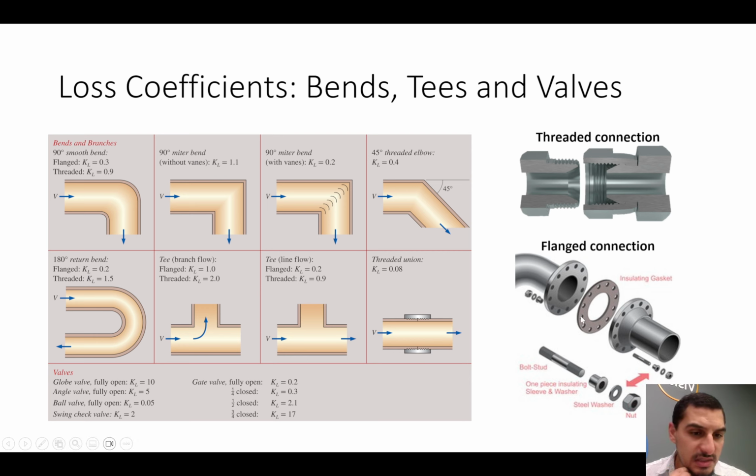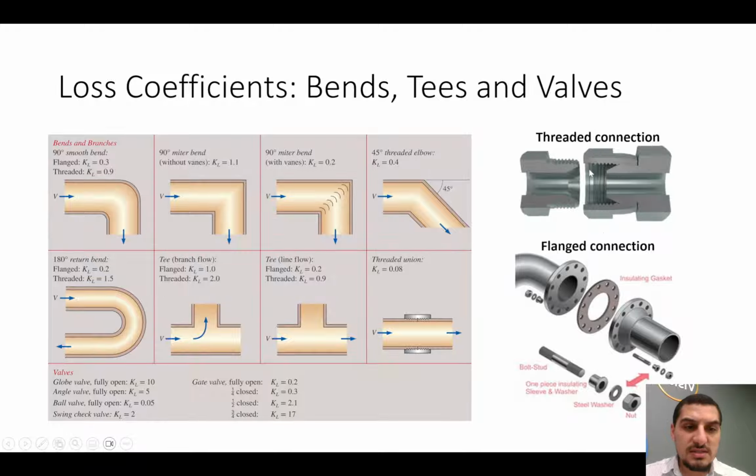And you can see here what's called an insulating gasket. This is a compressible material that's put between the two flanges, so that when it's well tightened, it will prevent any leakage of the fluid, whether it's gas or liquid, from inside to outside.